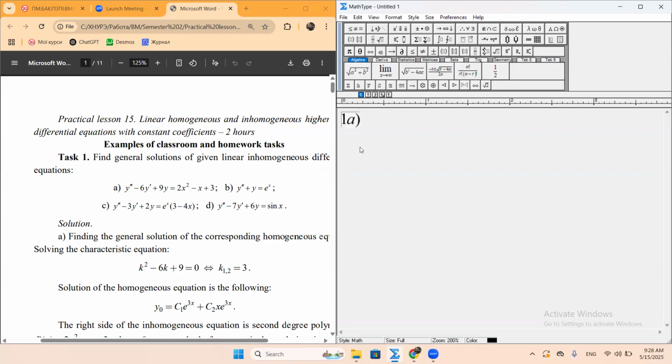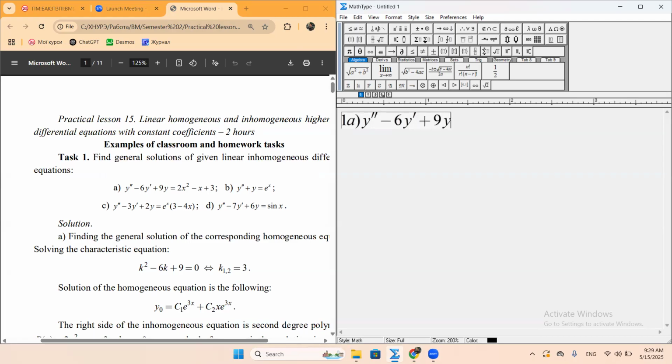Why inhomogeneous? Because we have x in the right part, so a dependency on x. How is an inhomogeneous equation usually solved? We first solve the corresponding homogeneous equation, and after that the inhomogeneous one. How to solve it?